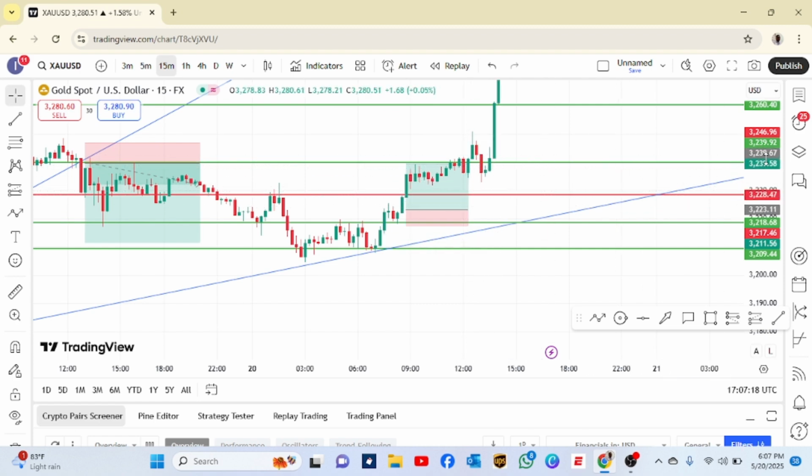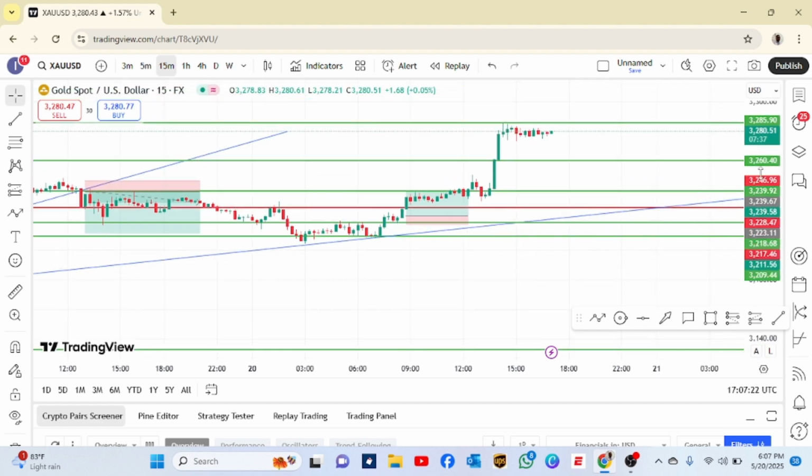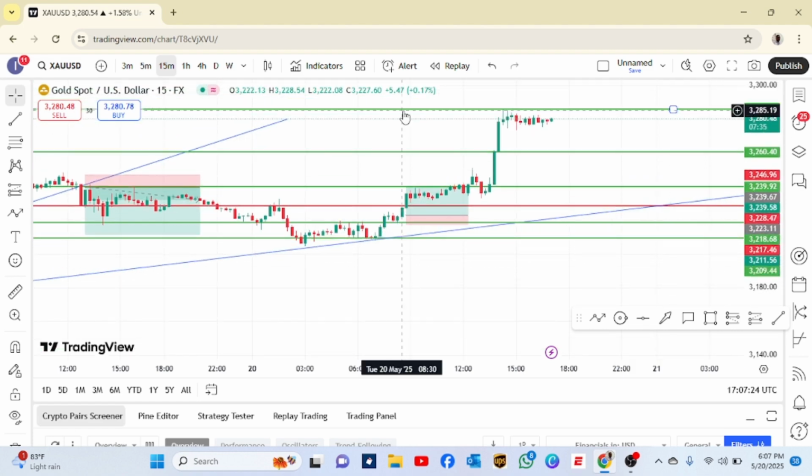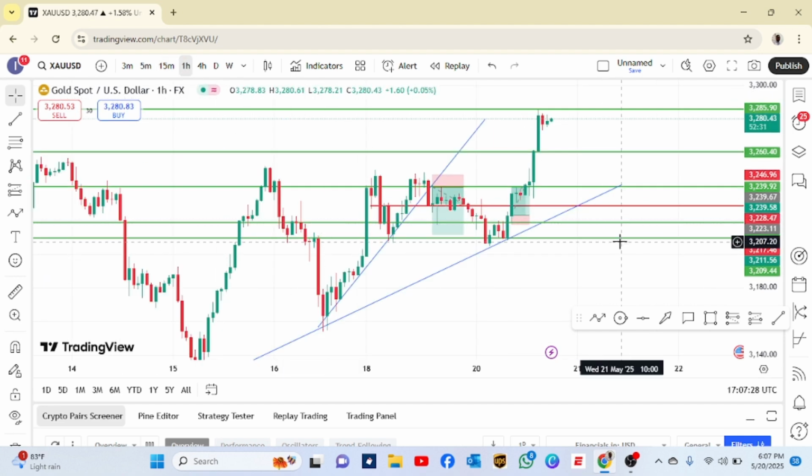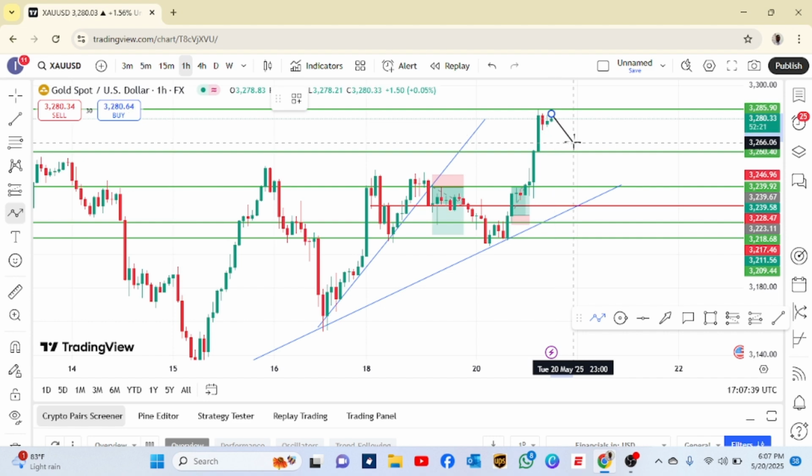So what I'm basically going to be looking out for tomorrow is I'm expecting the market to push to the downside a little bit. Let's say I'm expecting the market to push to this area right here because currently it's at the resistance level. So I expect the market to push down to this area and then go up a bit.